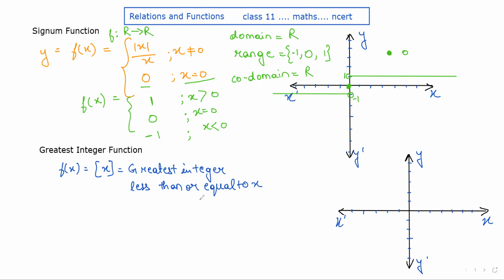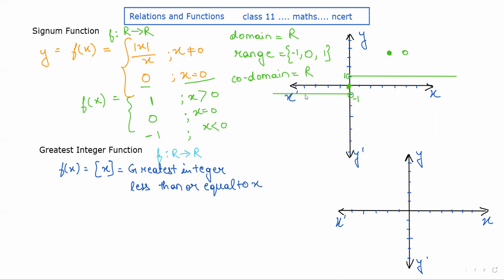Next, greatest integer function. Again we are defining f over R to R, real valued. Your domain is real, your codomain is real. Let's understand what the greatest integer function is and calculate its range. Greatest integer function is also shortened as GIF, the first letters of the three words.